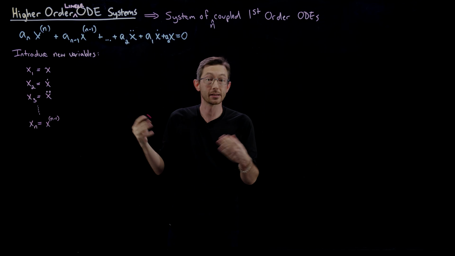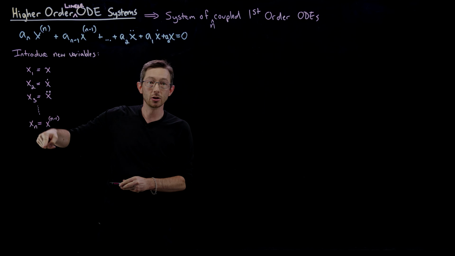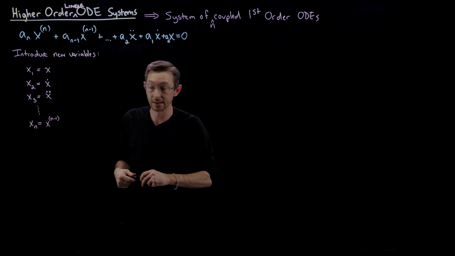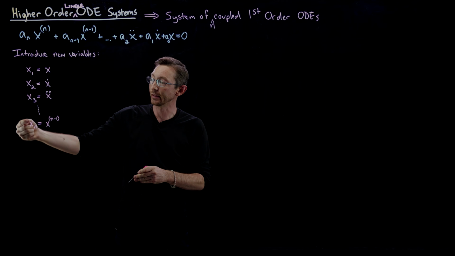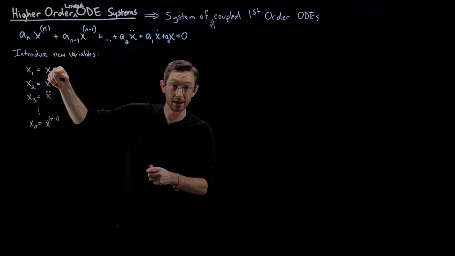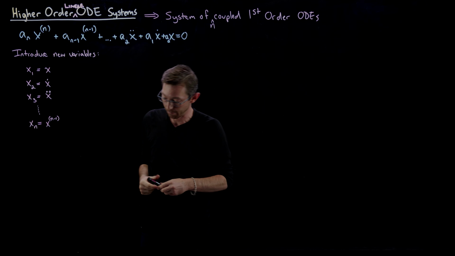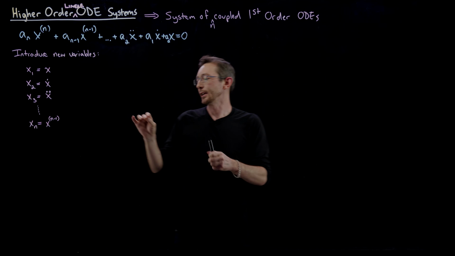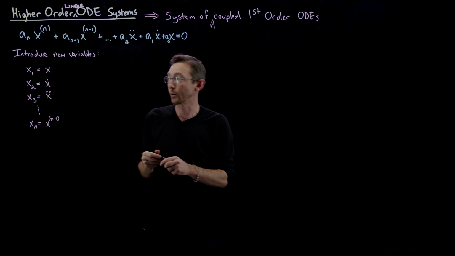Okay, so this is my new state vector that I'm going to be dealing with, x1 through xn, where each state in this vector represents my original variable x and all of its derivatives up to n minus 1. And so specifically, I can write down a pretty simple system of differential equations.